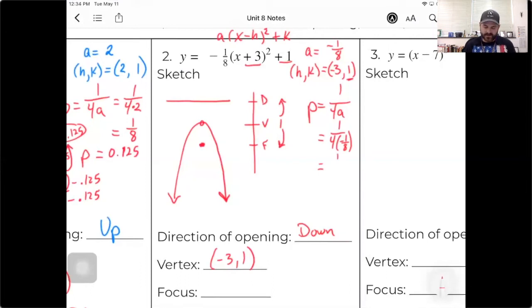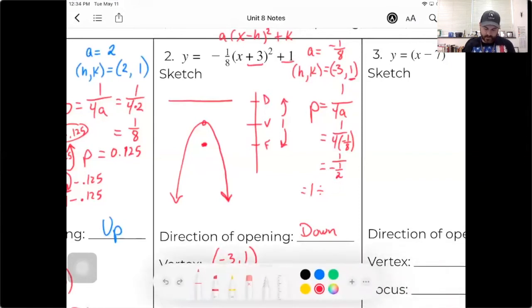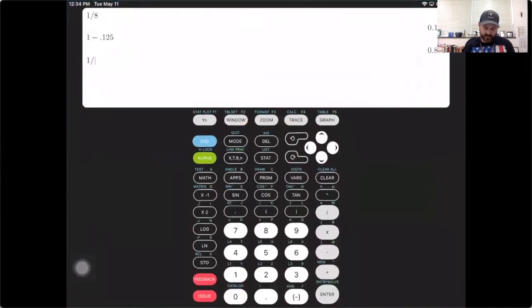That's a fraction within a fraction. So I'm going to think of this as 1 divided by -1/2, or 1 divided by -0.5. If I just do that in the calculator, 1 divided by -0.5, I get the whole number, -2.